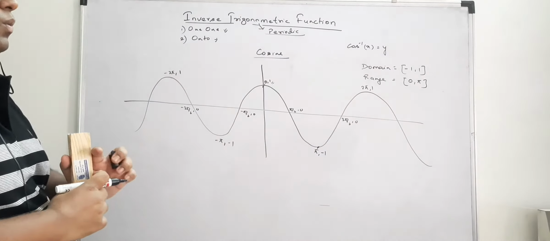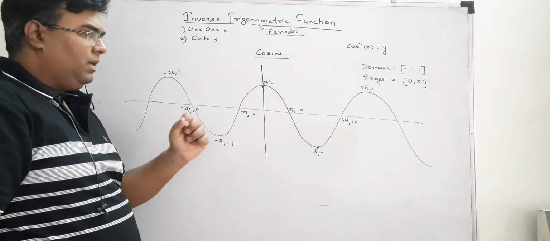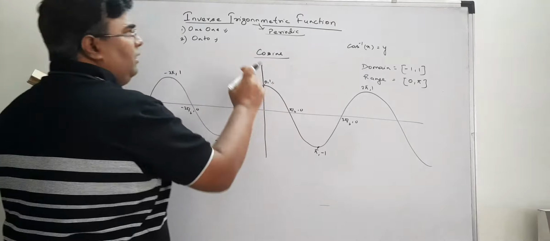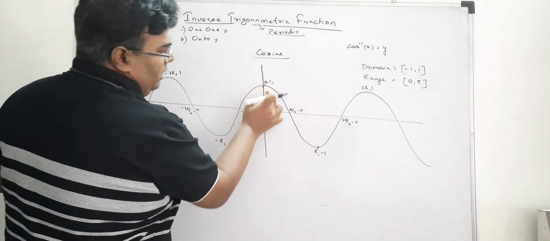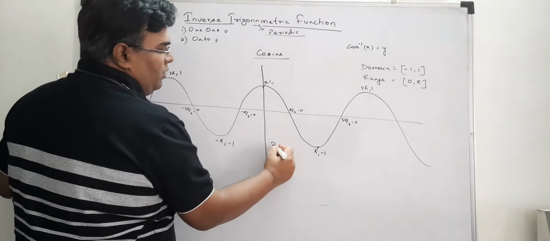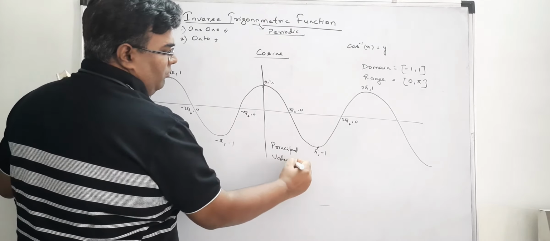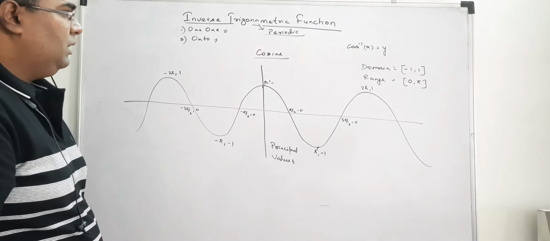Same, minus 1 to 1, similar to sine function. Okay, same logic applies here also, that there are multiple sections where we can make the cosine an inverse function, but we will take only this value as principal values. Correct?